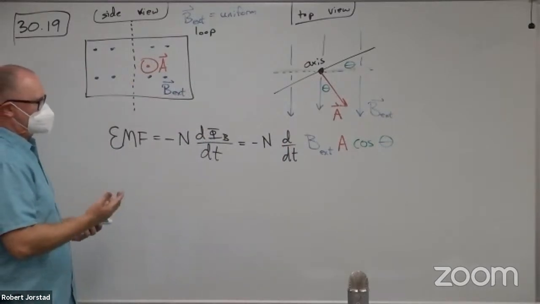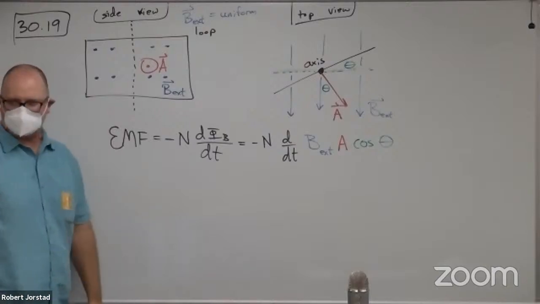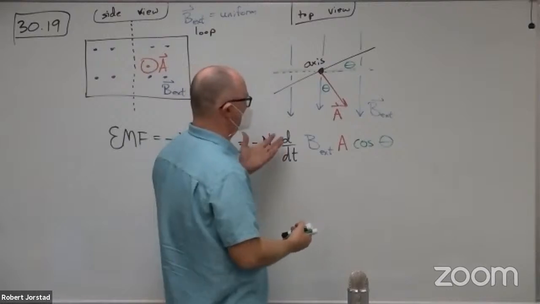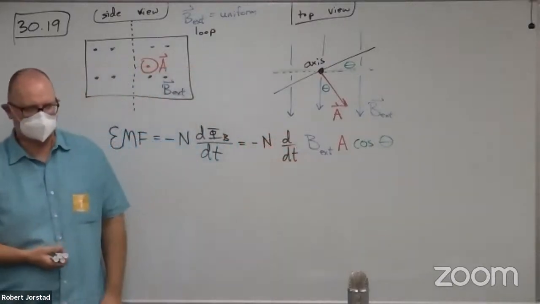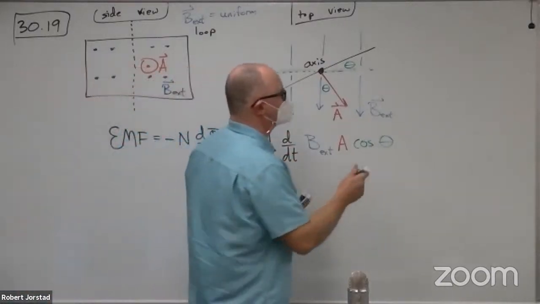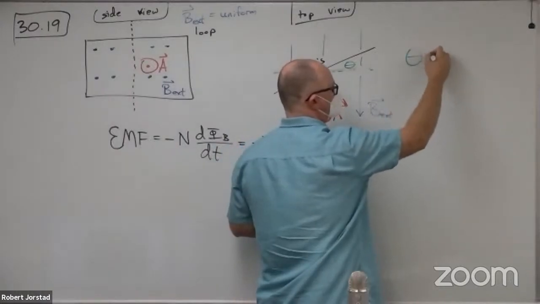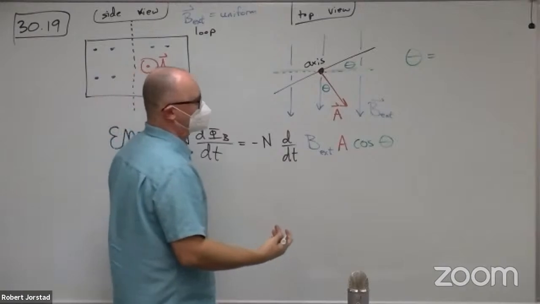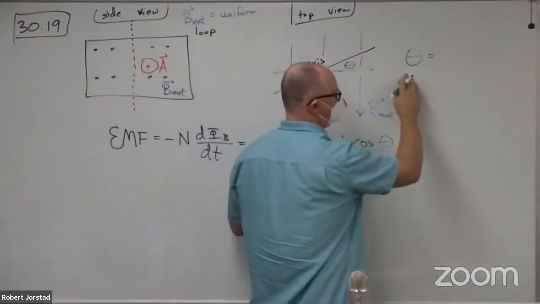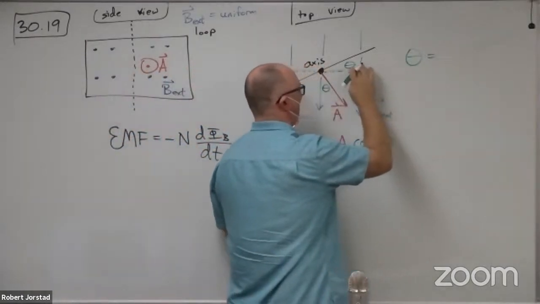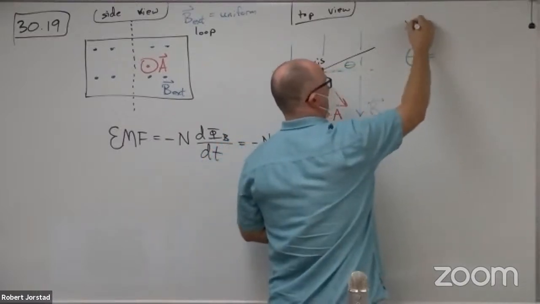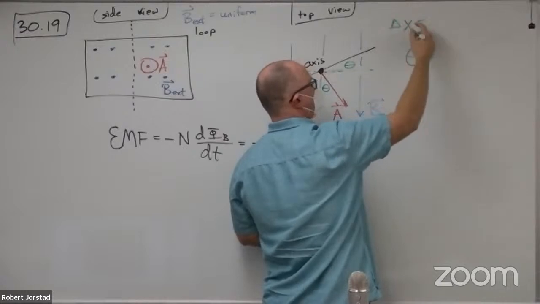We're told that this is rotating at a constant rate, omega. How does that get involved? Well, how does theta relate to omega? What's the equation for kinematics again? Let's do x. What's the equation for delta x in physics?